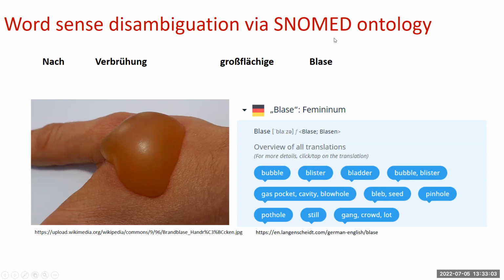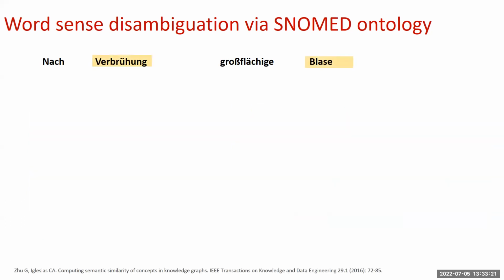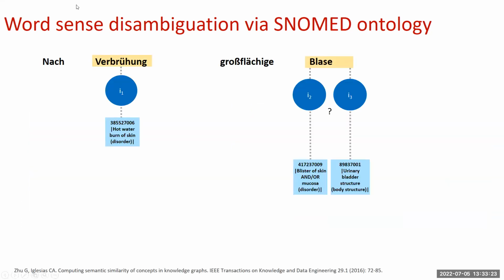Of course, there are several ways of disambiguation, also model-based disambiguation, but we should not forget that the internal wiring of SNOMED CT affords us an important resource for disambiguation. For instance, here we use the same procedure as in the other example.